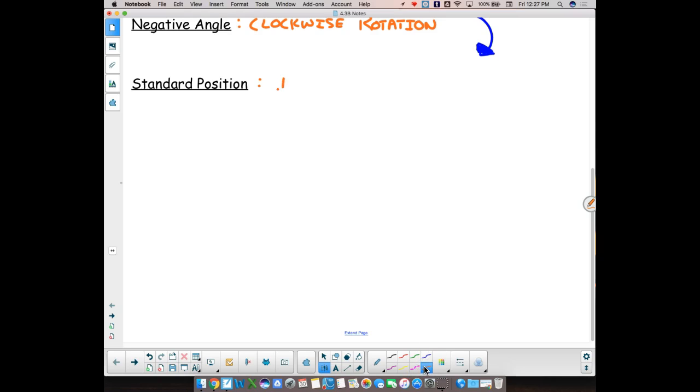The first condition is that the vertex is at the origin. So our first condition is that the vertex is at the origin.